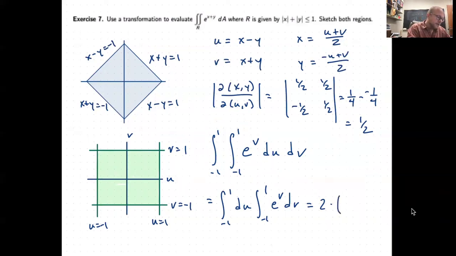And then the e to the v, we're going to plug in a 1 and a -1. And I think that's a fine way to leave it. If you want to write 1 over e for stuff, go ahead. And if you need an approximation for something, approximate it. Okay. All right, cool.